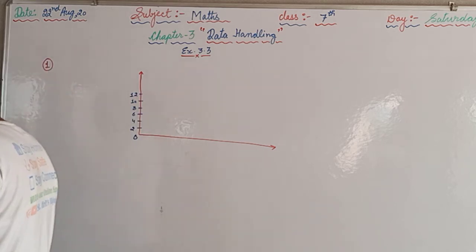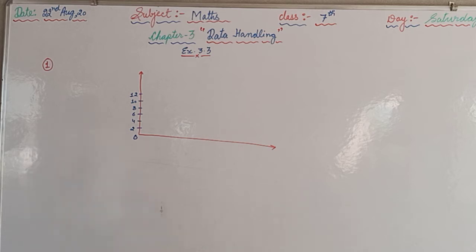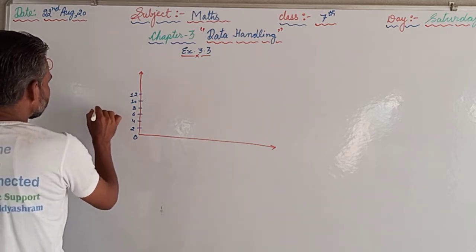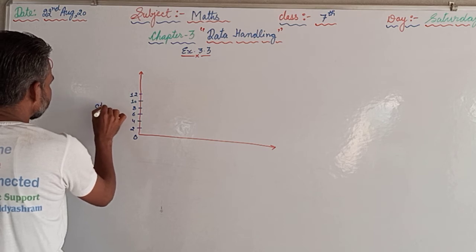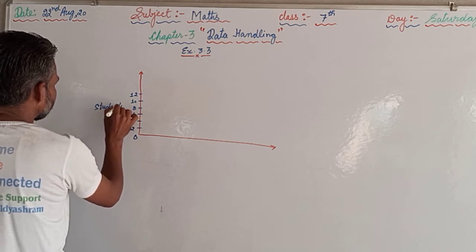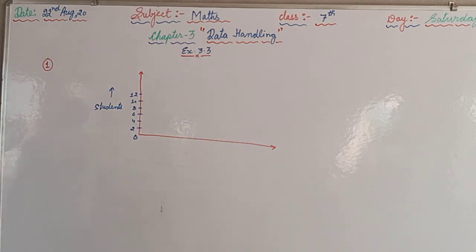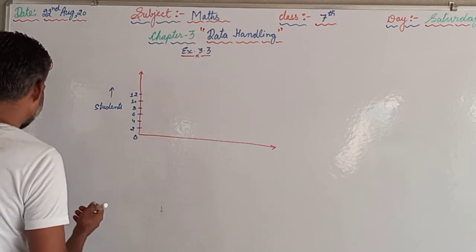Like this, it is given on the vertical axis, and here the students have been represented. Students, or we can say number of students. Then on the horizontal axis, some pet animals have been given. So first of all, I should take the book and draw the diagram. So first one is the number of dogs.